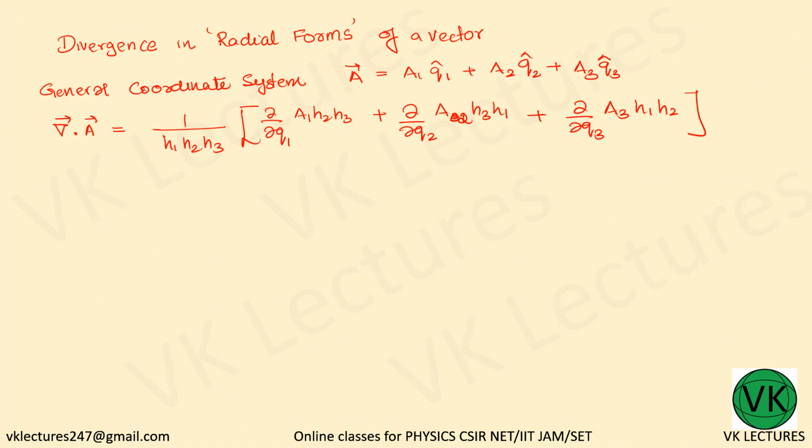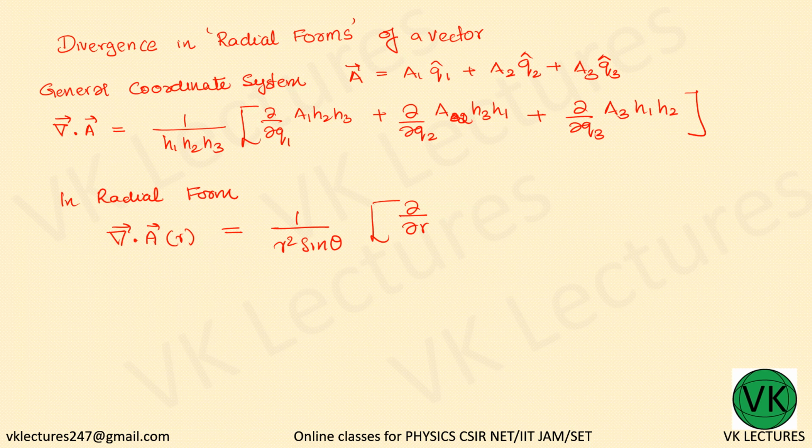Then in radial form, del dot A, a function of r, is equal to 1 by r square sine theta into dou by dou r of the function f of r, and this term will remain.